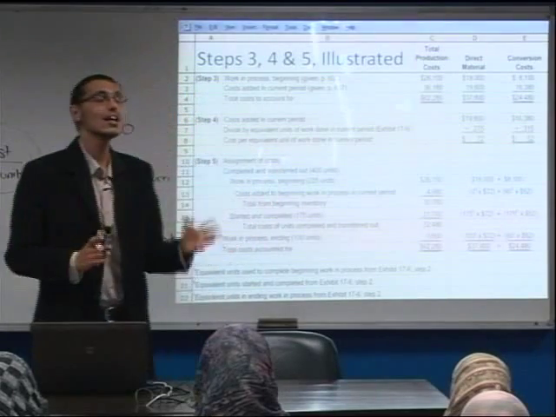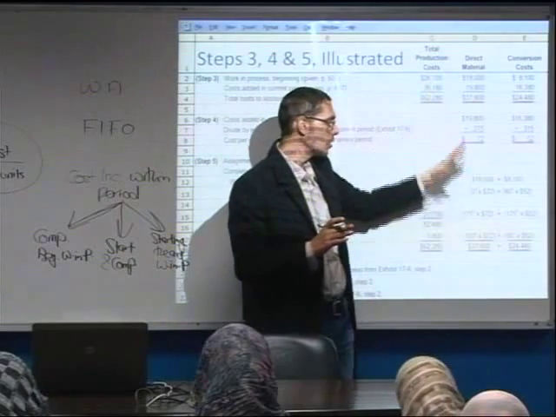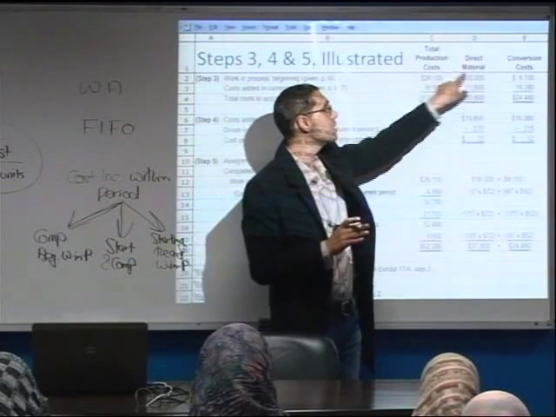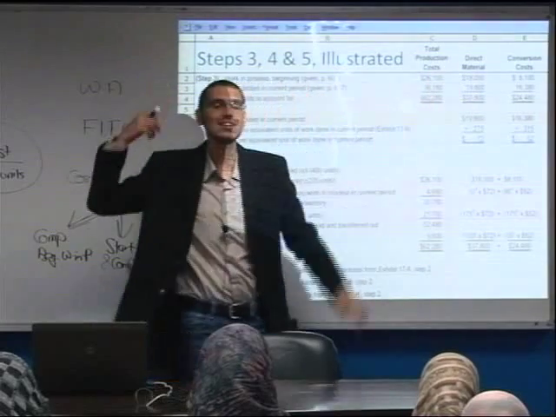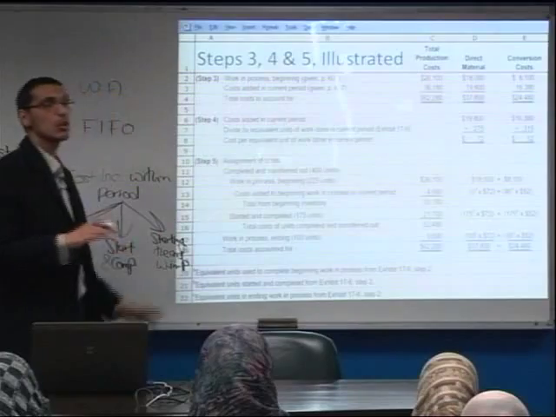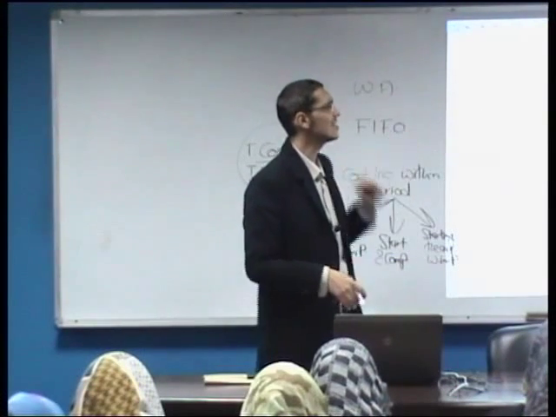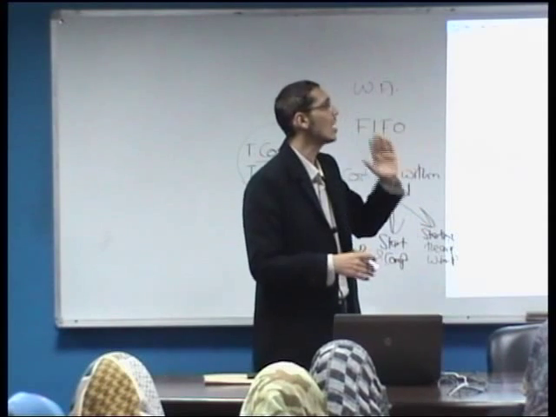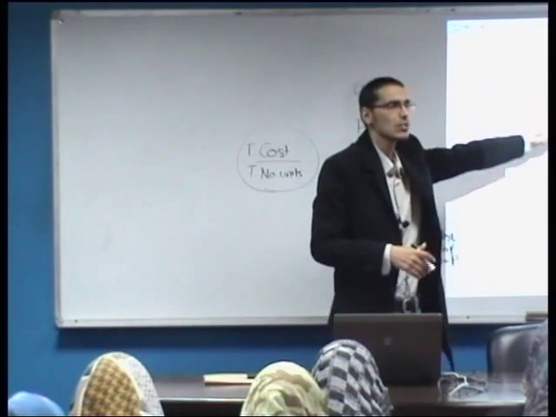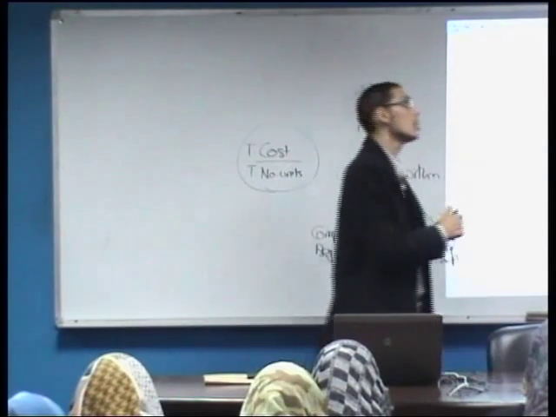Because as we said, and as we are going to see in step number 5, the cost that has been incurred in the previous year would be assigned directly to the work that has been completed and transferred out within this period. Therefore, as we can see here, 19,800 divided by 275. Of course, where does this 275 come from? The 275 is the total number of equivalent units from step number 2.